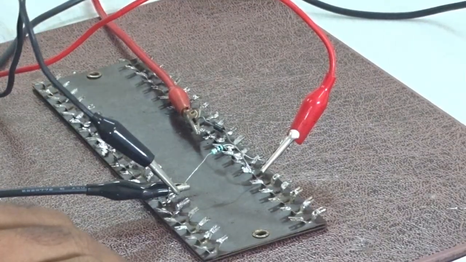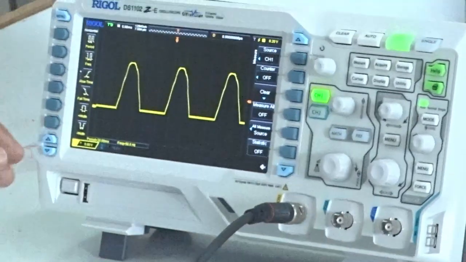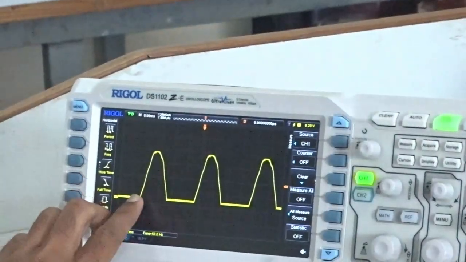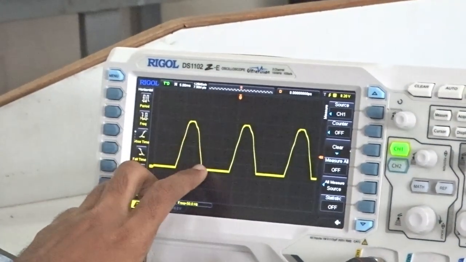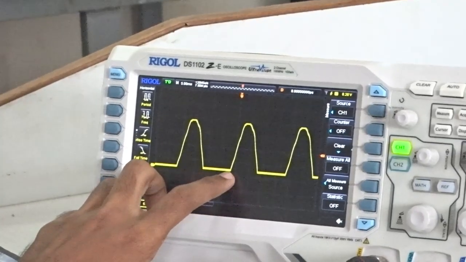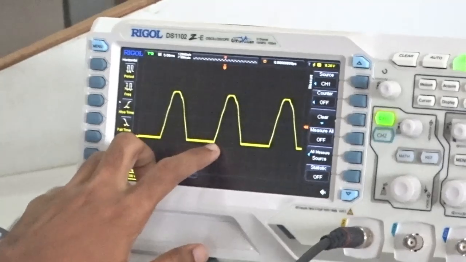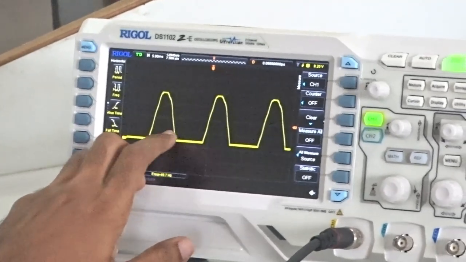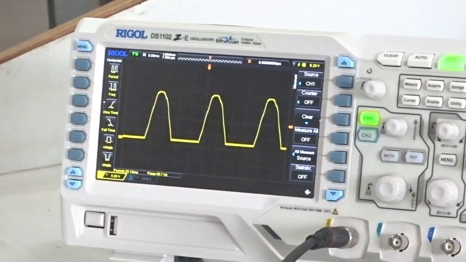The probe will be connected to the oscilloscope. When the input is given, as you see, during the positive half cycle of the input we get a positive half cycle of the output, and during the negative half cycle we get a zero output. The reason is that the diode will be reverse biased, hence we won't get the output during the negative half cycle.